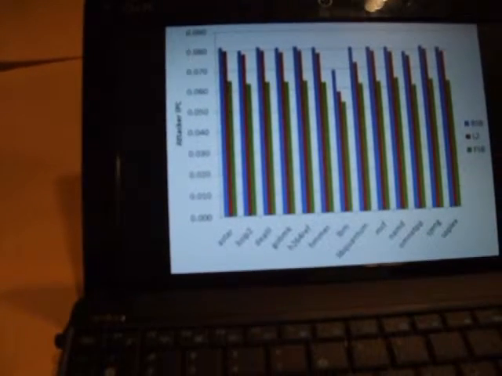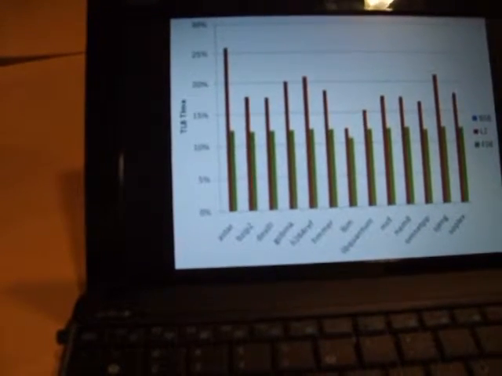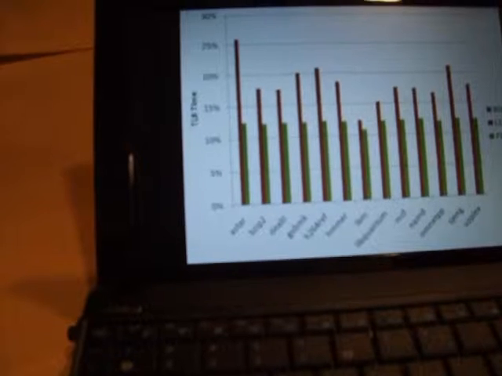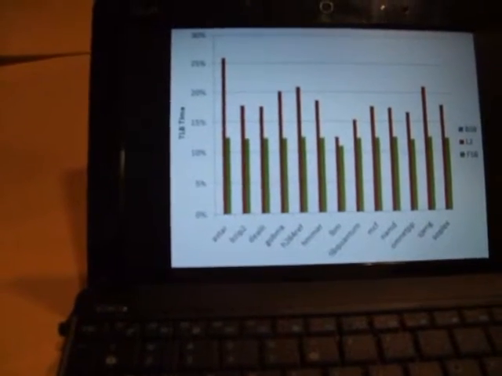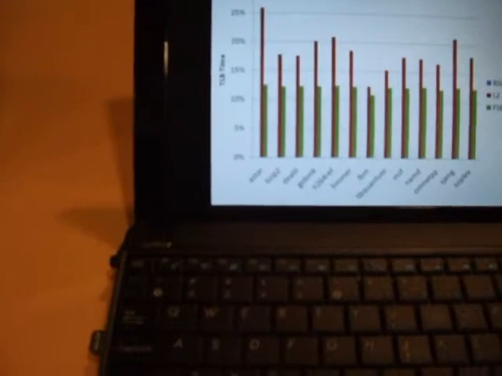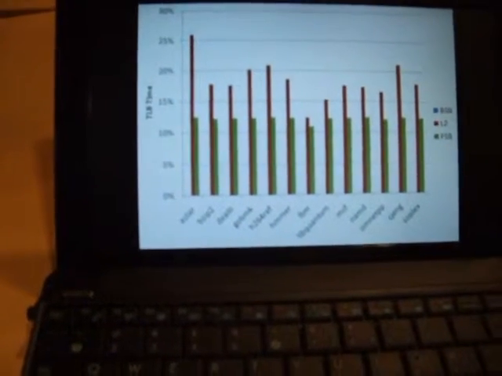And this is problematic because if you have a large memory footprint, you have many more TLB misses. In this graph, you can see that in the backside bus attack there are almost no TLB misses, and they don't spend any time handling TLB misses.